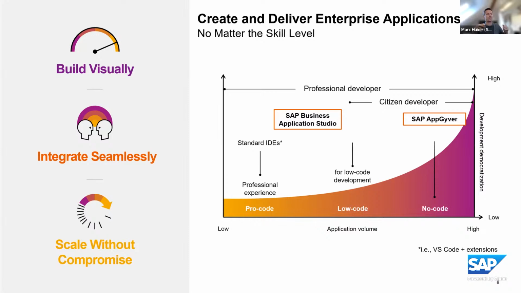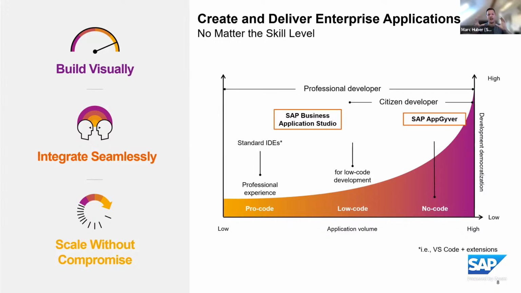To give you a short overview, with SAP AppGyver, we are really focusing on the no-code area. With our classical tool, the Business Application Studio, we have created a perspective for low-code development so that you can get rid of manual processes like creating the project.